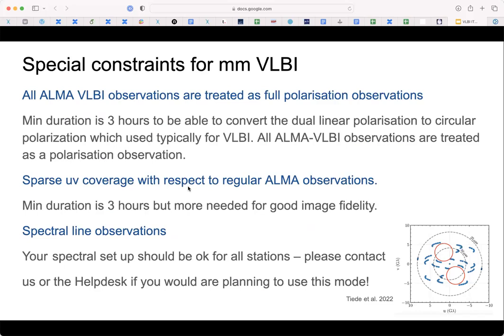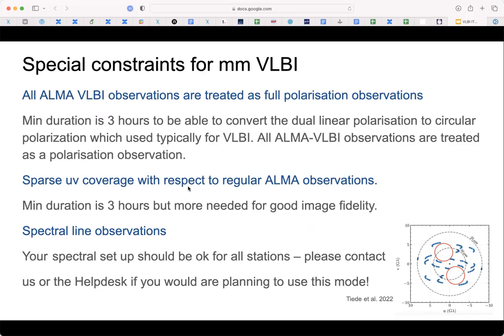And here I would like to mention spectral line observations. You can choose your spectral line setup pretty much freely at ALMA. You can really put your line wherever you want, and ALMA will be able to tune to it. This might not always be true for all the stations. So if you are thinking to do spectral line observations, that will be really great.